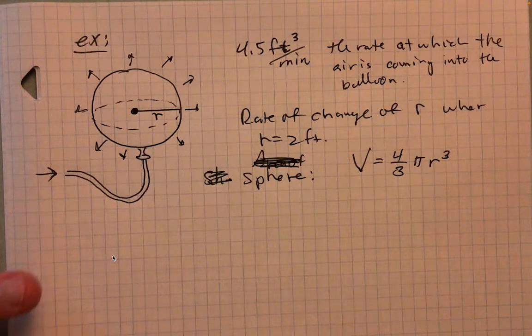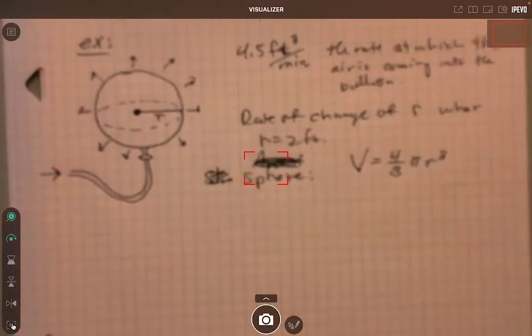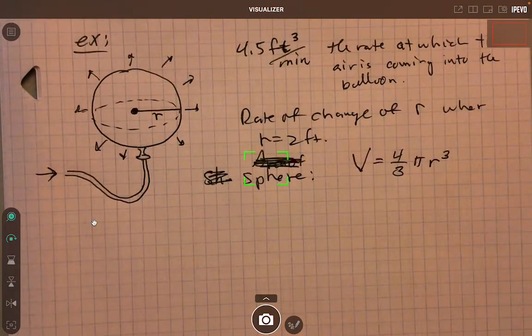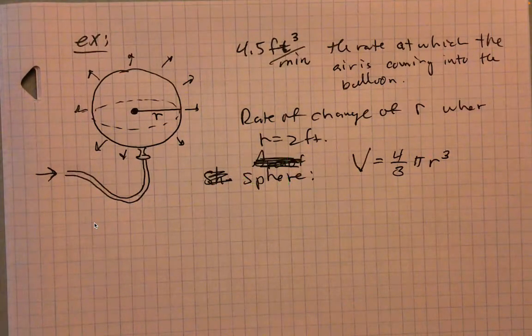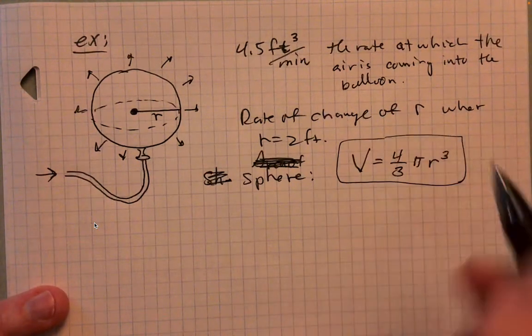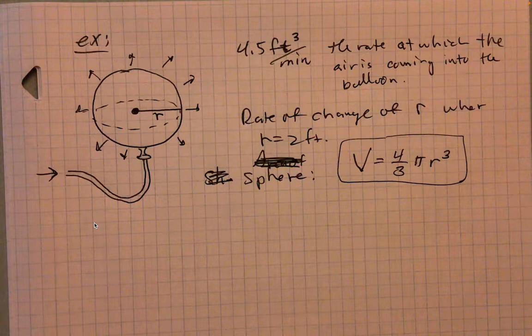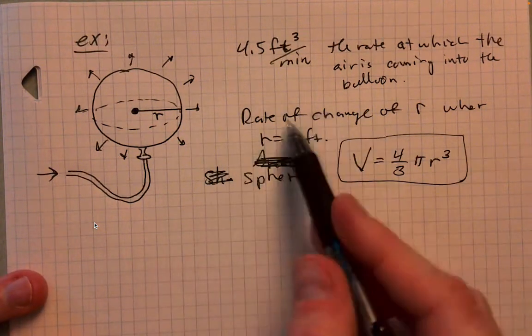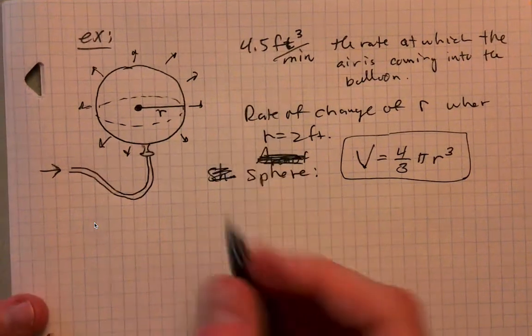So you take the radius, cube it, and multiply by pi and 4/3. And that is your volume. So this is our expression, and we're going to differentiate this with respect to t and answer this question regarding the rate of change of the radius.